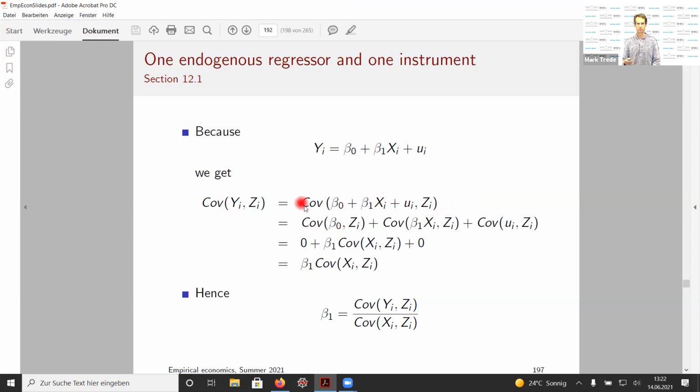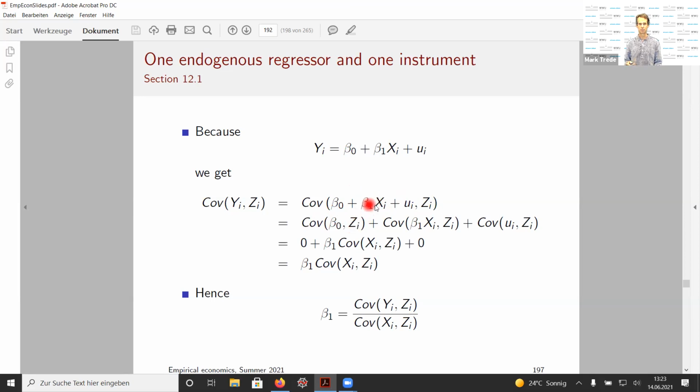Now we look at this expression, at this covariance, and we can use the rules of calculus for covariances. And as you might remember, covariance has a certain linearity property. So the covariance of this sum here can be split into 3 covariances, the sum of 3 covariances. First, the covariance of the first summand and the instrument, that's the one here.